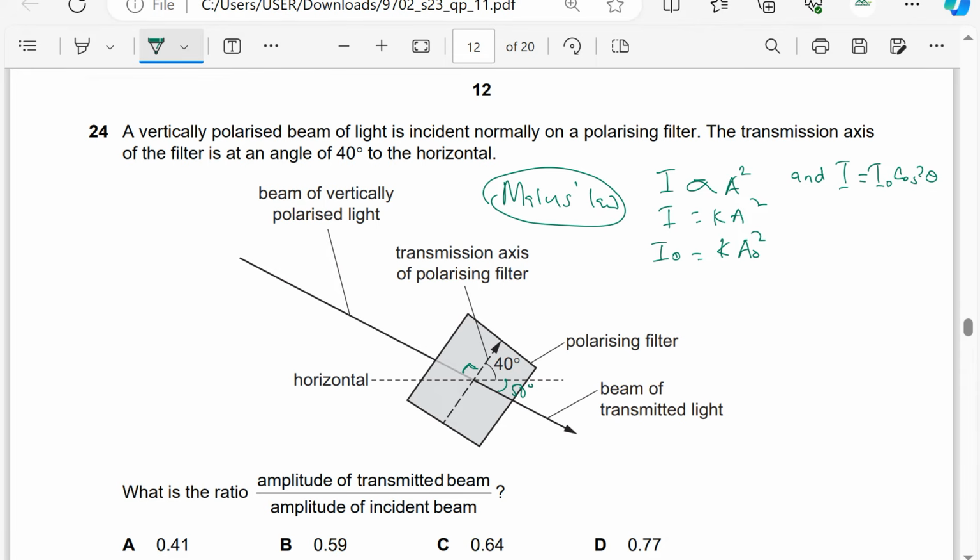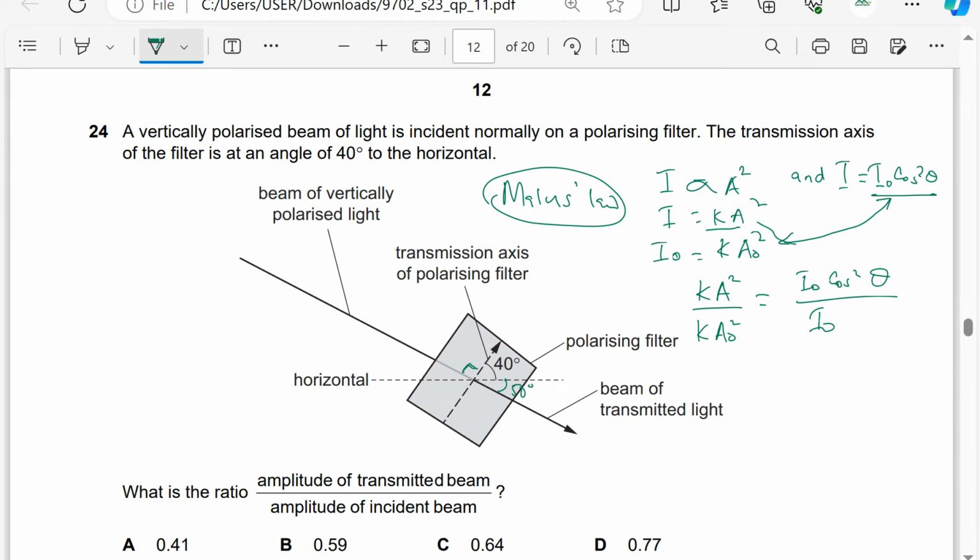So I'm going to just relate these two. The transmitted intensity is equal to K A squared, which is equal to that. So the ratio is going to be K A squared divided by K A naught squared, which is I naught cos squared theta divided by I naught.